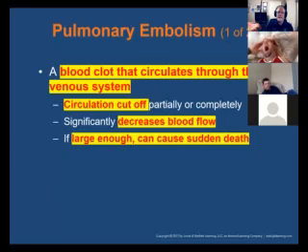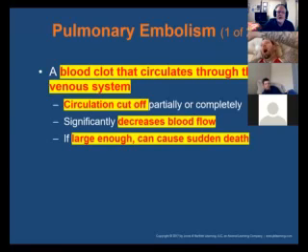But if somebody is sedentary for a long period of time, they don't have that walking action that maximizes venous return, and that blood sitting around can start to develop a clot. And when that gets big enough, that clot can pop loose. Maybe the next time they walk, that clot can pop loose and make its way through the right side of the heart, and then become a pulmonary embolism.